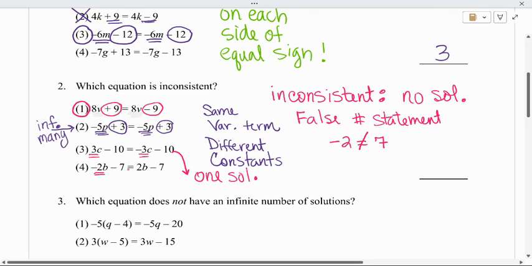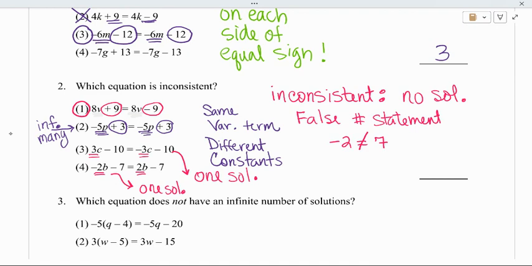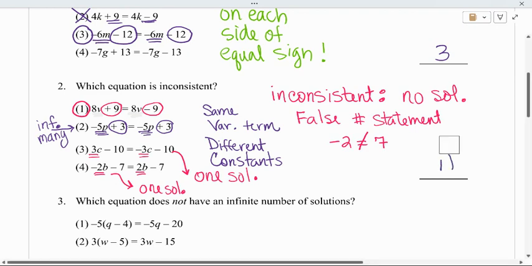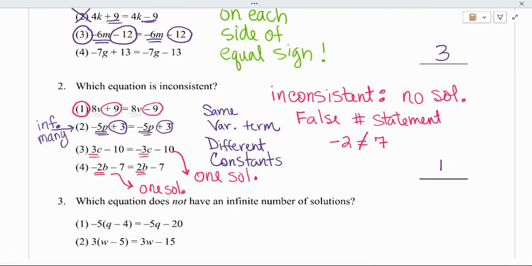When I look at example number 4, different variable terms, that means that this is going to have exactly one solution. Remember, if it has one solution, the constants aren't important. It's the variable terms. So the only one here that is inconsistent is example number 1. Inconsistent means no solution.